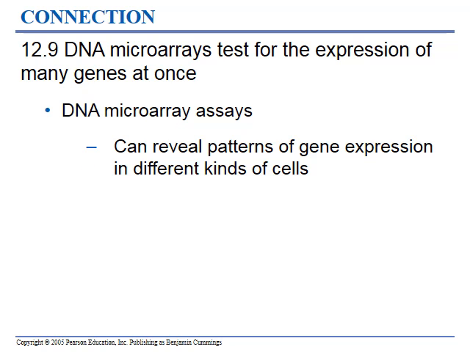All right, so we do these in what are called microarrays. A DNA microarray tests for the expression of many genes at once. When you look at more than one gene, you do it on a microarray. It's basically a grid that will help you figure out where stuff is, and it can reveal patterns of gene expression in different kinds of cells. Remember, not all cells are expressing all genes at the exact same time.